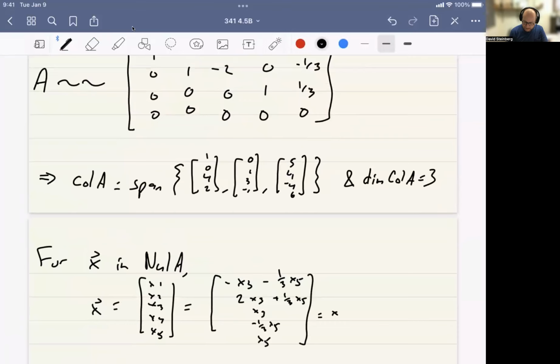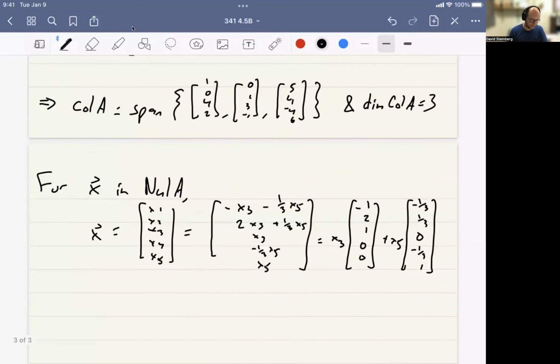So we can pull out an x3 and get part of it: (-1, 2, 1, 0, 0). And then x5, what are we going to get? (-1/3, 1/3, 0, -1/3, 1).